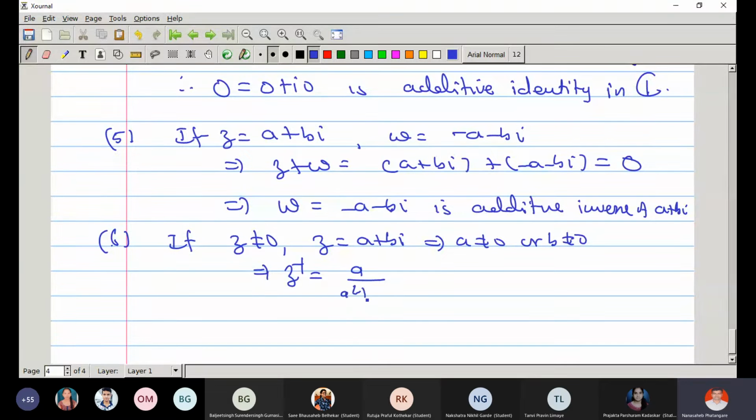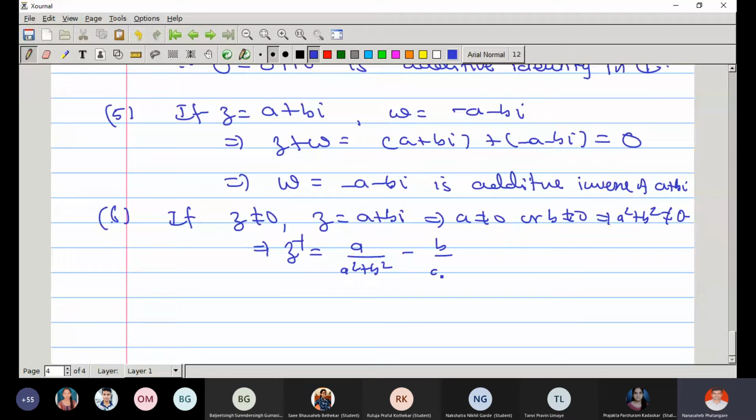So minus b upon a square plus b square i exists in the complex plane, and z into z inverse is 1. Am I right? Yes, sir. Right. So z into z inverse is 1.